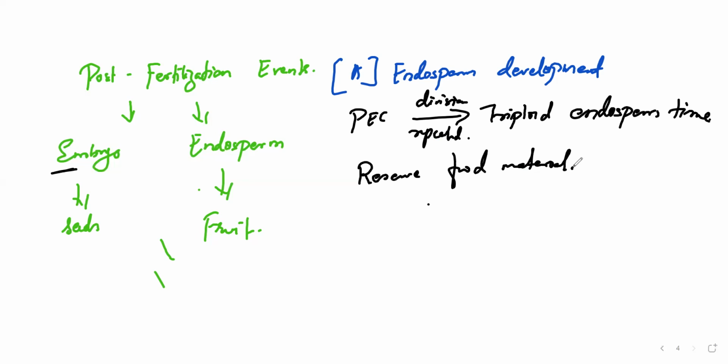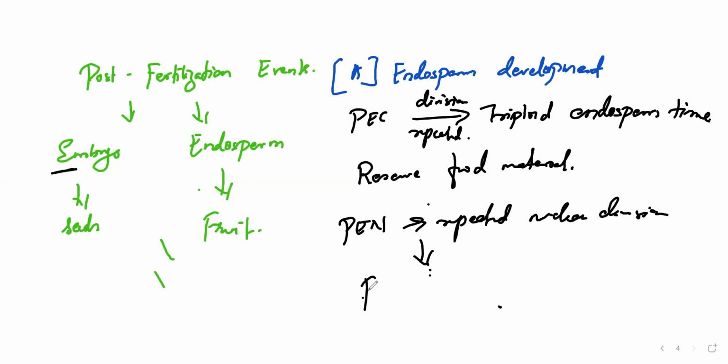Because of the repetitive nuclear divisions, it will sometimes give you free nuclear endosperm. Whatever this PEN is, it will undergo repeated nuclear division. When it undergoes repeated nuclear division, it gives you something called free nuclear endosperm.